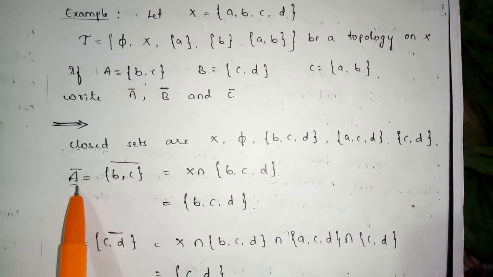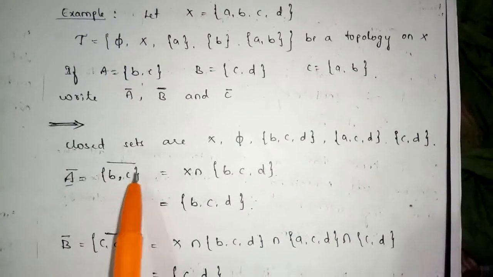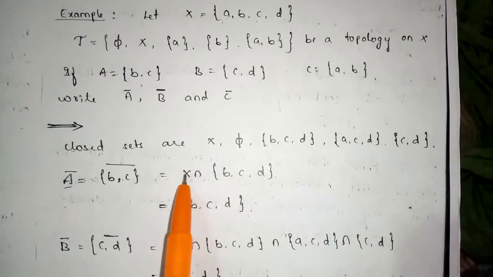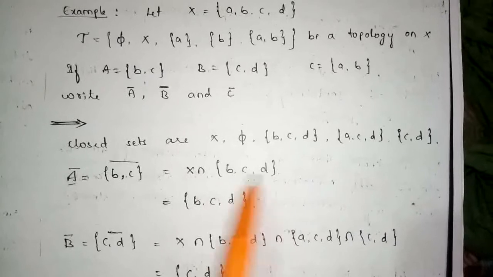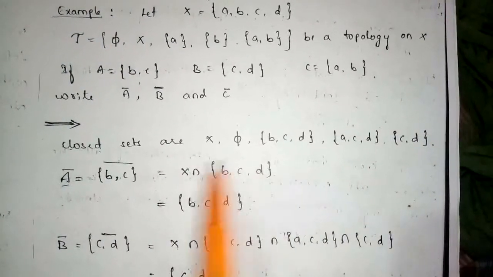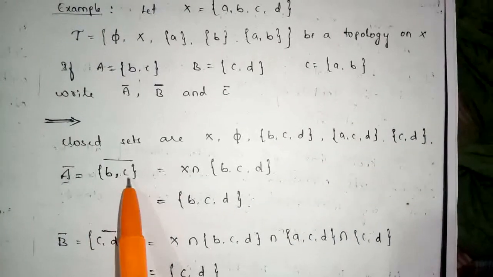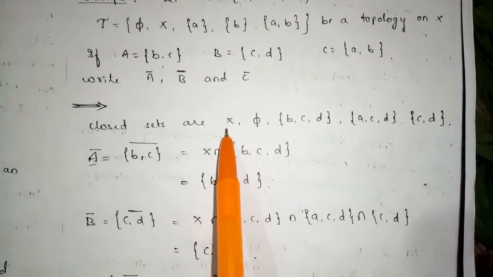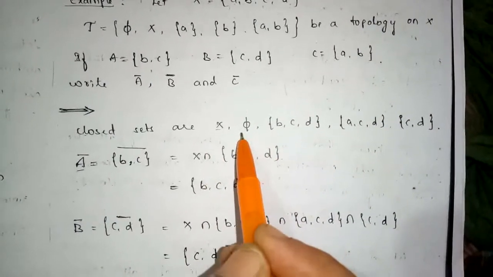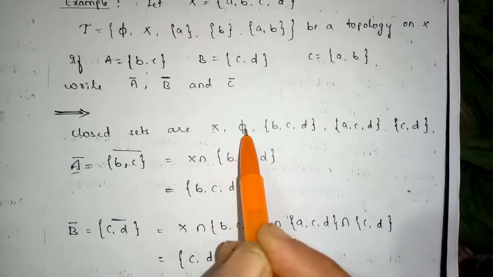A bar is equal to the closure of the set {B, C}. What is the meaning? Intersection of all the closed sets containing A. First we have to find the closed sets containing A, that is containing the elements B and C. In X, B and C are present, therefore it is a closed set containing A. Phi does not contain B and C, therefore it is not.